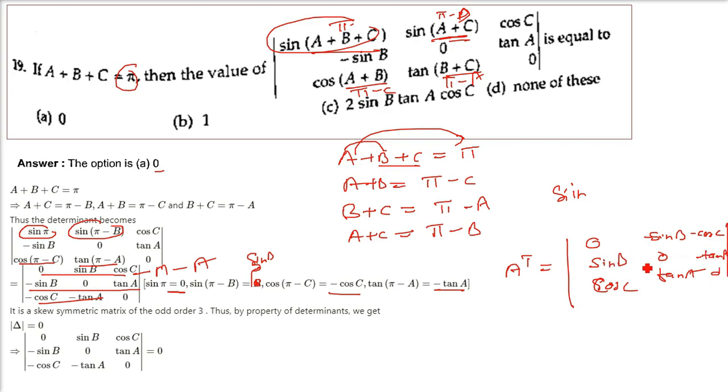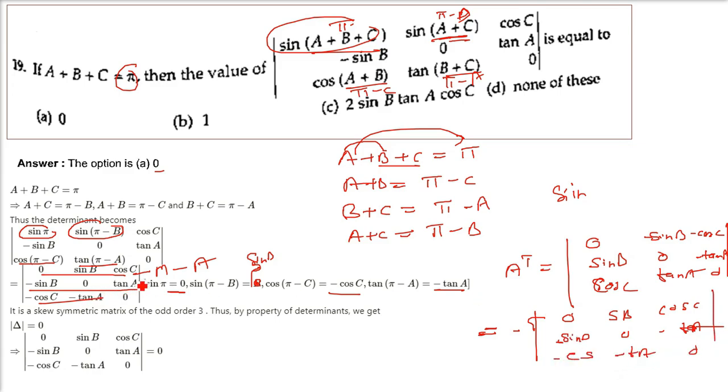Now we have taken this transpose, and if we take the negative common out, what do you get? 0, sine b, cos c; minus sine b, 0, tan a; minus cos c, minus tan a, 0.